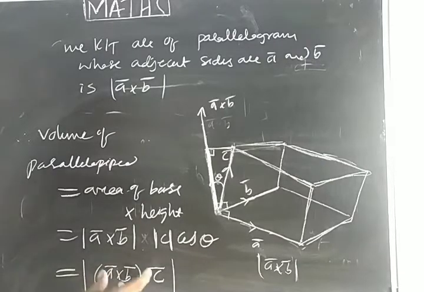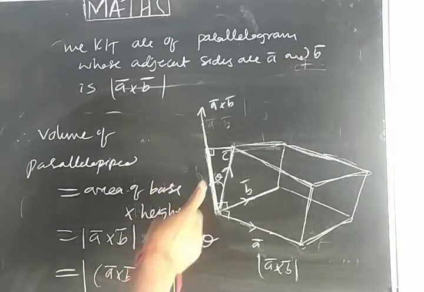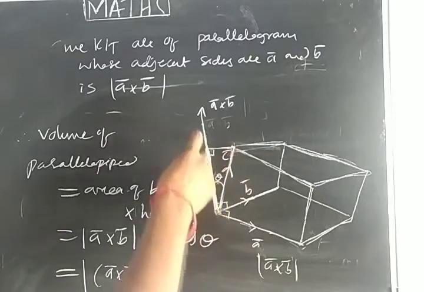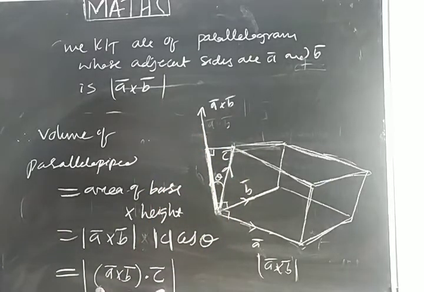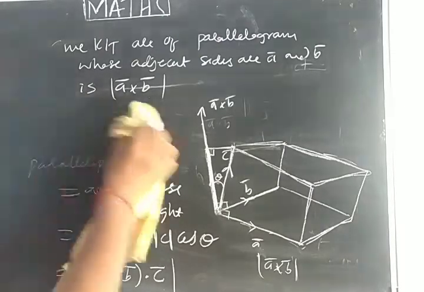If you expand this, you will get mod A cross B, mod C into cos theta, where theta is the angle between these two vectors. Observe the figure. So the modulus of the scalar product will give the volume of the parallelepiped. Clearly we can observe that the volume of the parallelepiped is the modulus of the scalar triple product of three vectors. This is the geometrical interpretation of the scalar triple product.